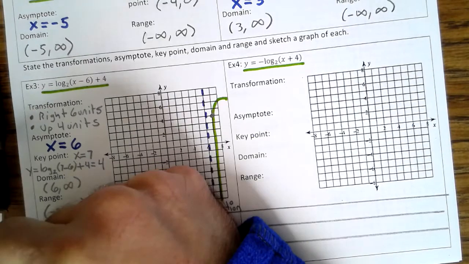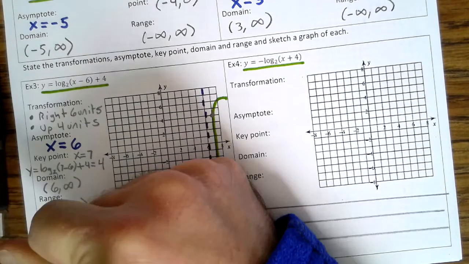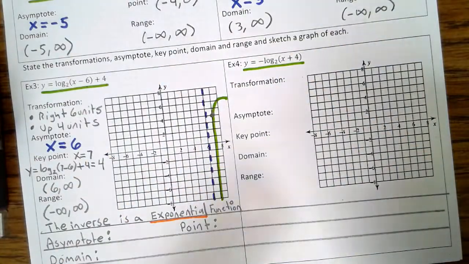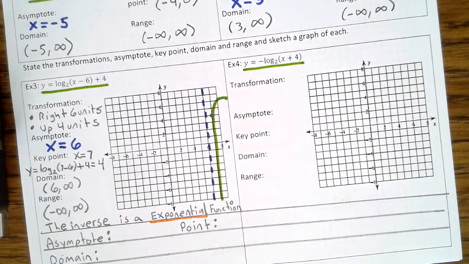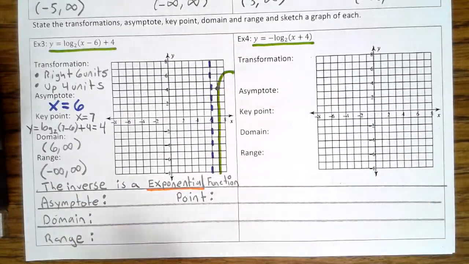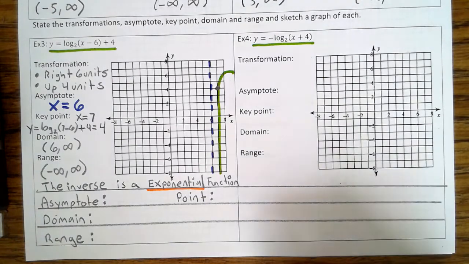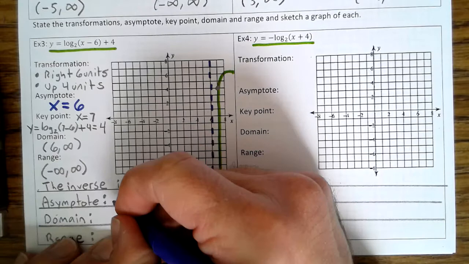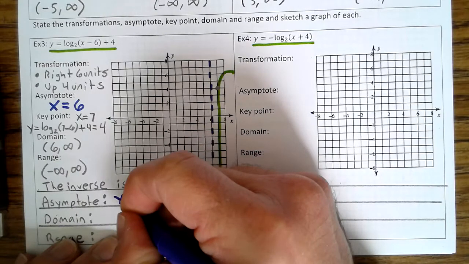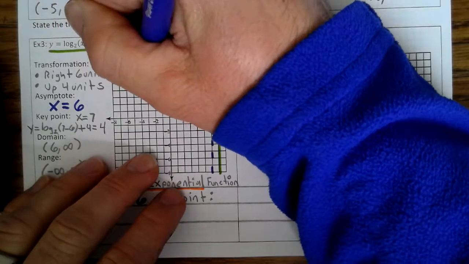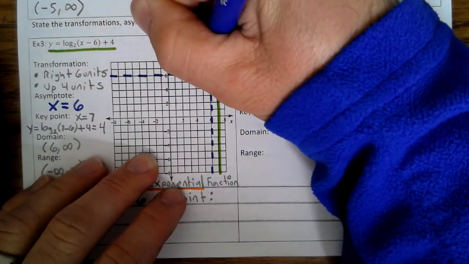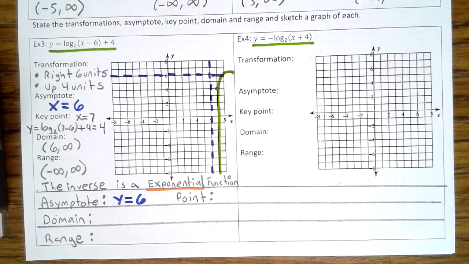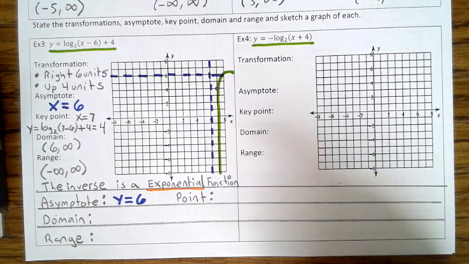All right. Now, we know in the inverse, the asymptote switches. So it was x equals 6, now it's y equals 6. Okay, the point was (7, 4). Now the point is (4, 7).